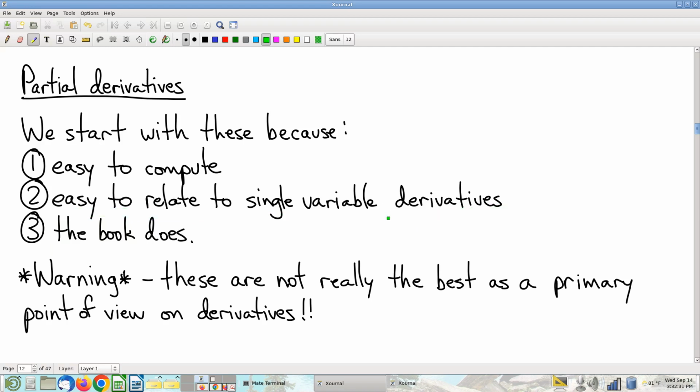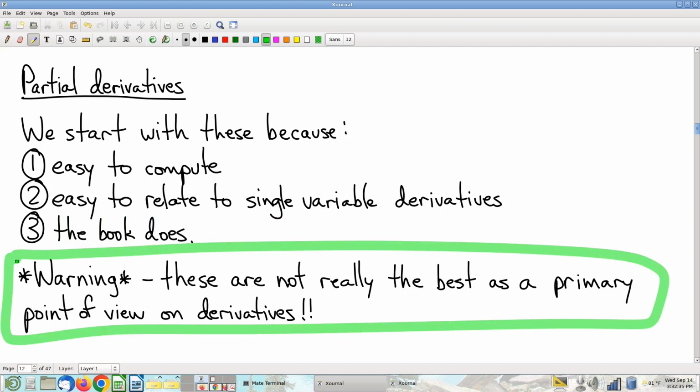Okay. All right. So that said, though, I remind you, there's a downside to starting with partial derivatives. There's a tendency for students, whatever they see first, to think, okay, well, fundamentally, this is what the thing is, because you've seen it first. Right? And I just want to warn you that it's really not in this case. Partial derivatives have nice things about them. We're going to be using them a lot.